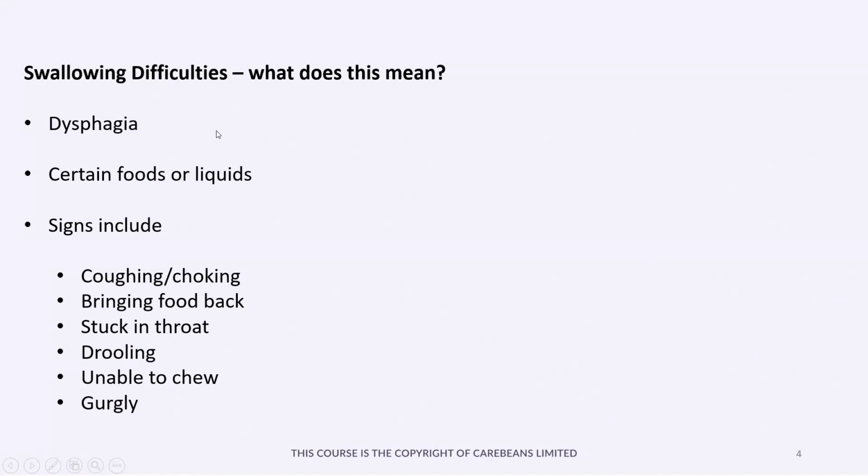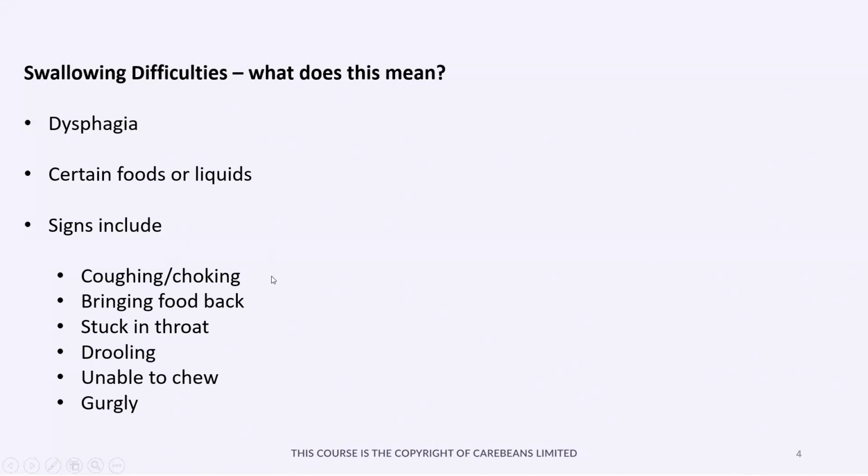Okay. So that may mean certain foods and liquids. Some people with dysphagia have difficulty with certain foods and liquids when it comes to swallowing those. Some people might not be able to swallow at all with dysphagia. Other signs of dysphagia may include coughing and choking.